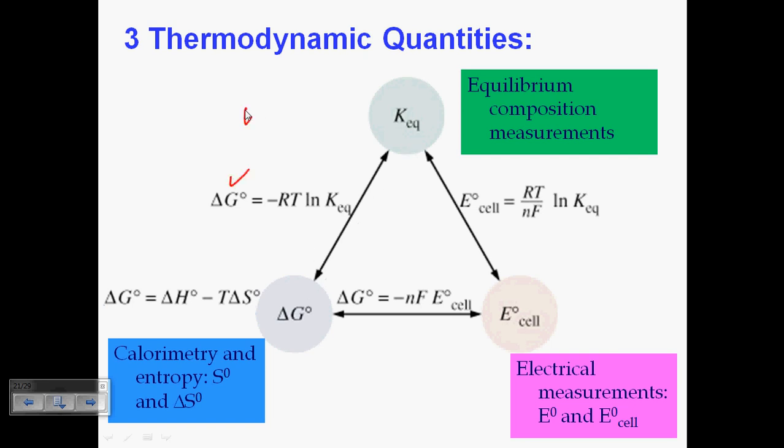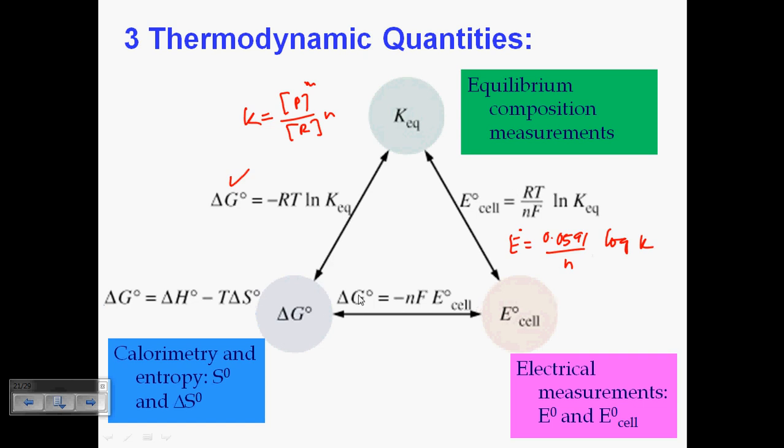You can also calculate K, guys, using product over reactants to their moles at equilibrium, right? Or you can calculate Kp or Kc by using partial pressures or concentrations. K equilibrium and E0 cell is by this equation, or you can even use E is equal to 0.0591 over n log of K. So they are related to each other through that.